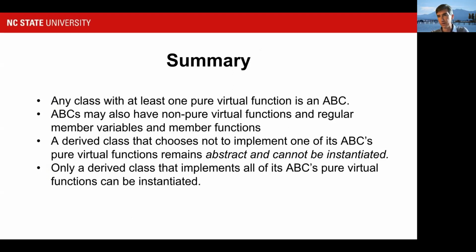That equals 0 is just a special notation that means we're not going to implement it. Only derived classes are allowed to implement it. A derived class that chooses not to implement a pure virtual function remains abstract and cannot be instantiated. Only a derived class that implements all of the ABC's pure virtual functions can be instantiated.